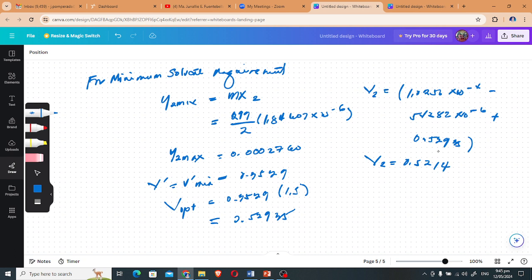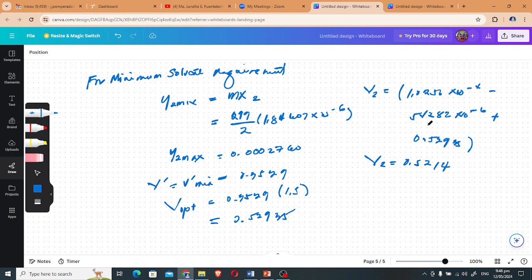Okay, so this one, this is the moles of benzene entering. The 5.1282 is the moles of benzene in V2.